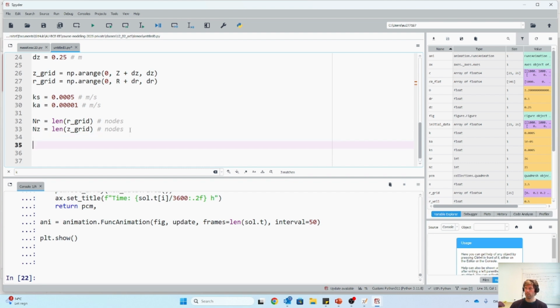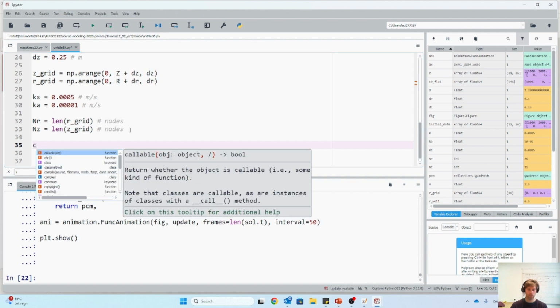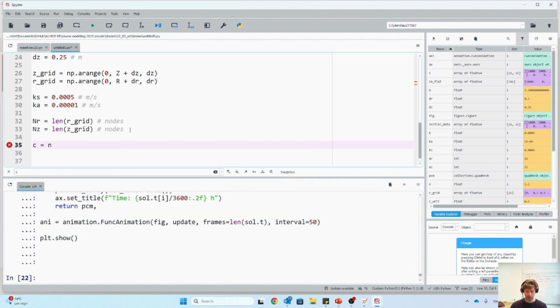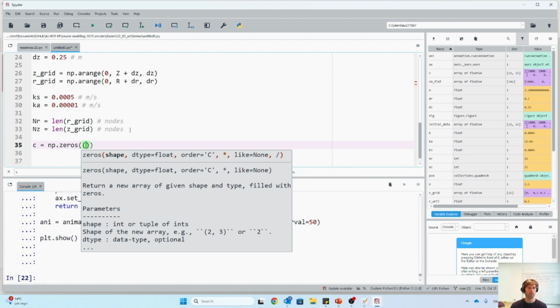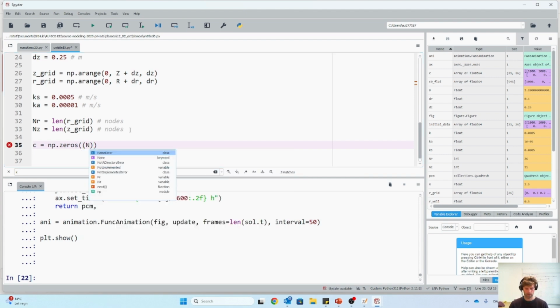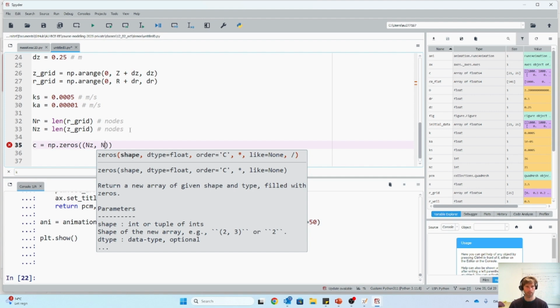Then we will define the state variable, the concentration, and we will give it a shape that corresponds to the number of nodes in each dimension. So that would be nz, nr.